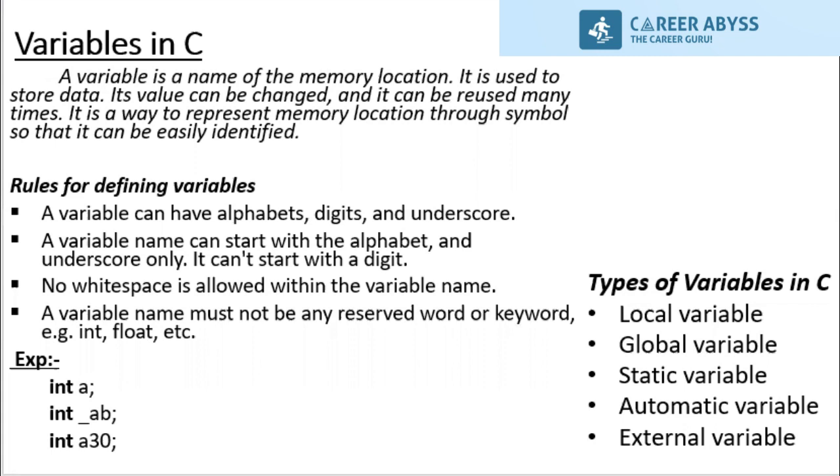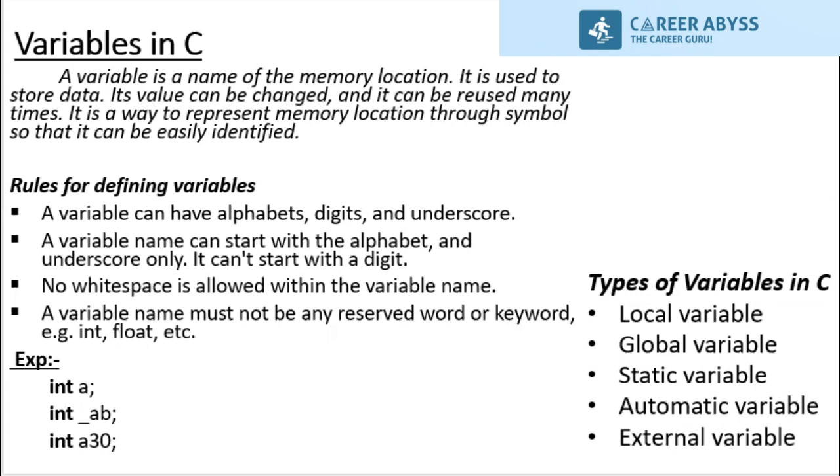Now that memory allocation needs a name. That name is called a variable. This variable is holding the data for operations like addition and subtraction. Those operations need variables, so we need to define them.